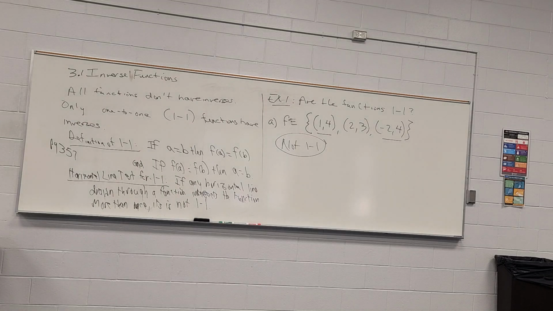The official definition was that for every element in the domain, there's exactly one element in the range. So now for one-to-oneness, if I have it in ordered pairs and I have repetition in the y coordinate, it is not a one-to-one function.